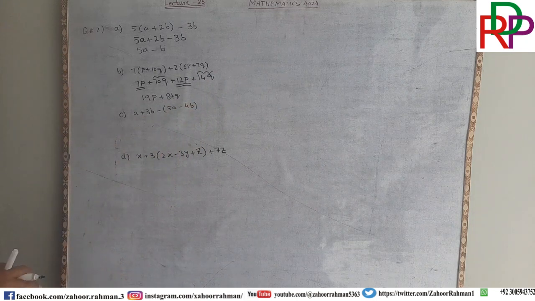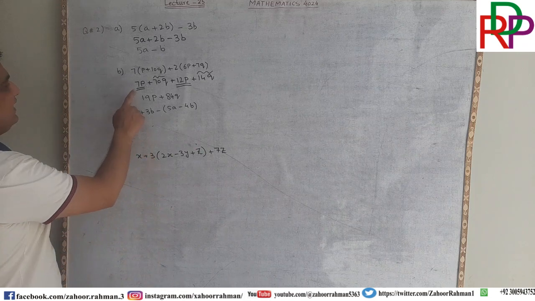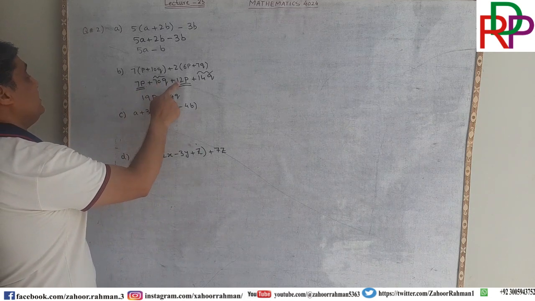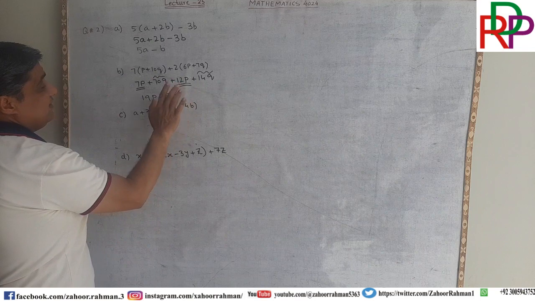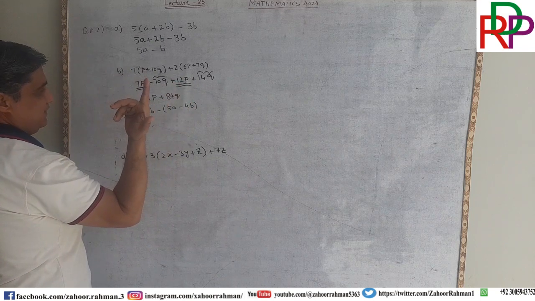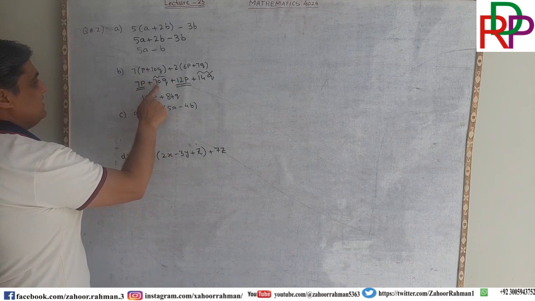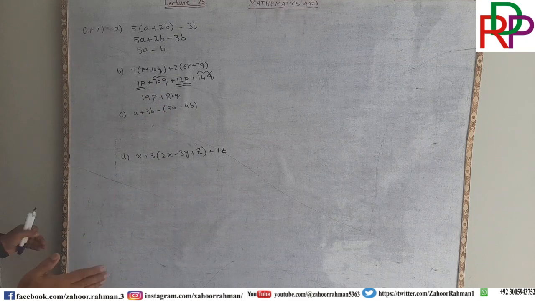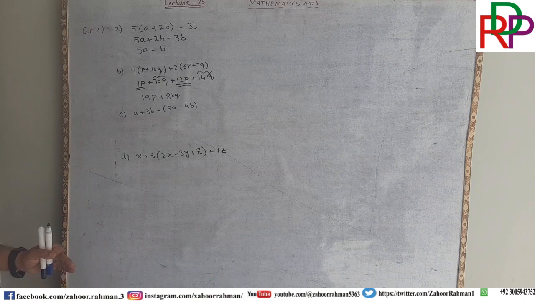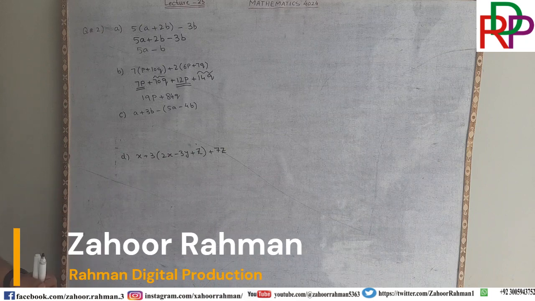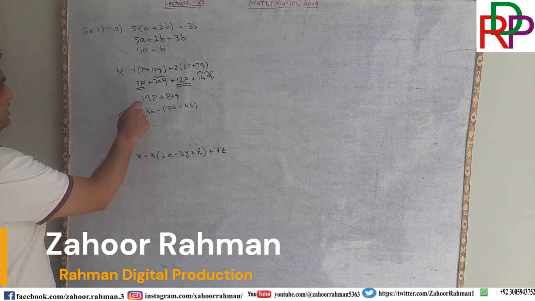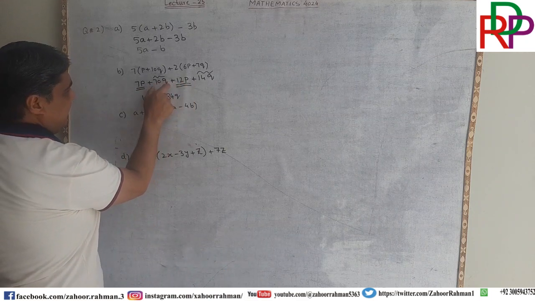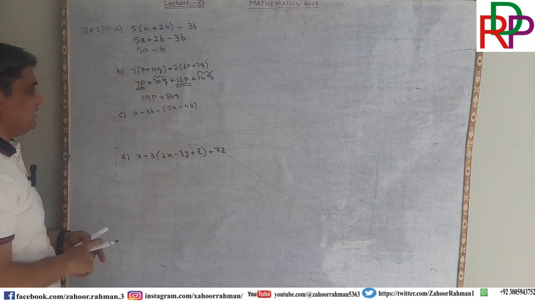Remember, ladies and gentlemen, it is my experience that many students are adding this 7 with this 70 and 12, because 7p means 7 chairs, for example, and 70q means 70 tables. So chairs cannot be added with tables if it is asked how many chairs and how many tables there are. Chairs will be added with chairs and tables will be added with tables.